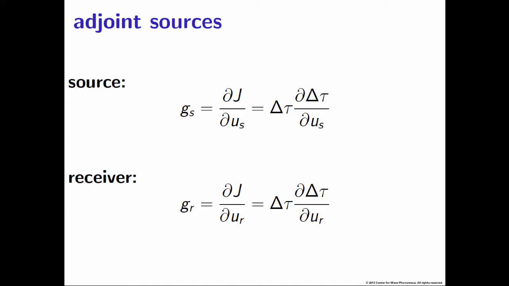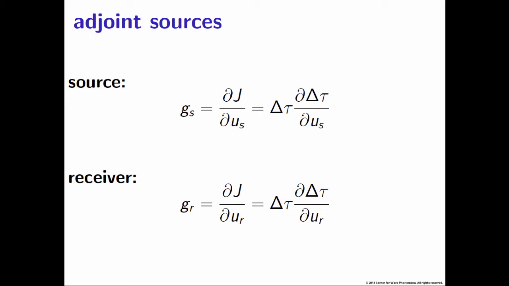Because J is defined as the square of delta tau, when we take the derivative, what we obtain is delta tau multiplied with the derivative of delta tau with respect to the wavefields US and UR. However, here we have a difficulty, because delta tau is not directly dependent on the wavefields.